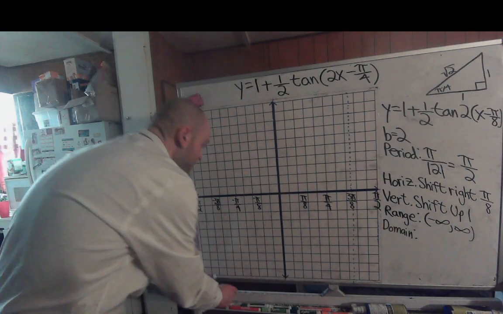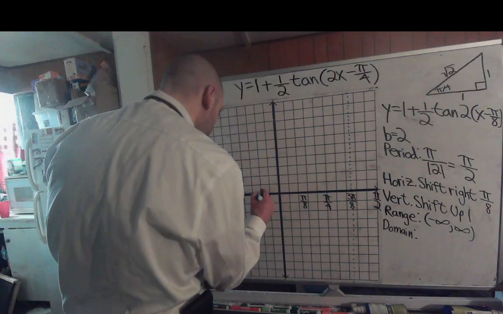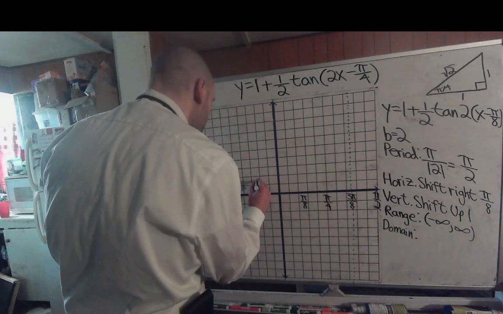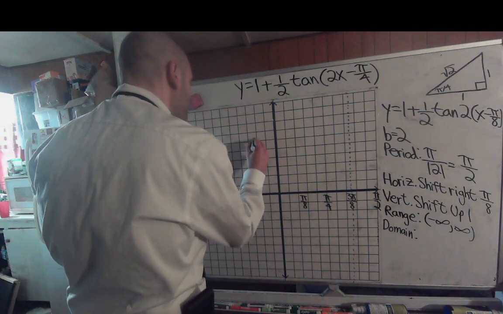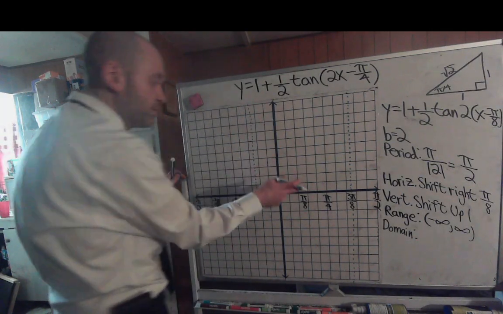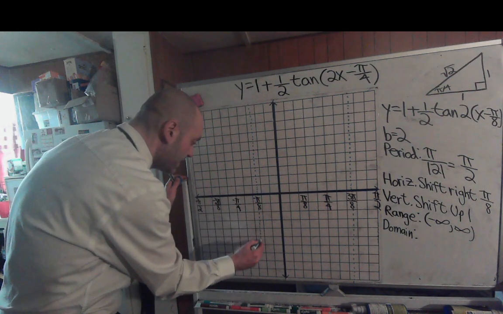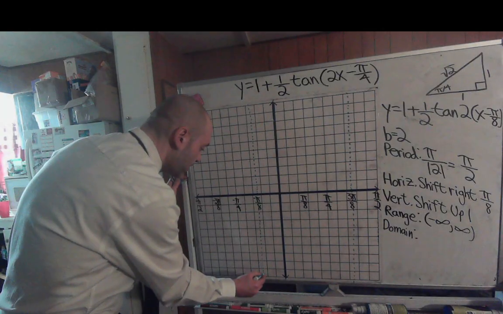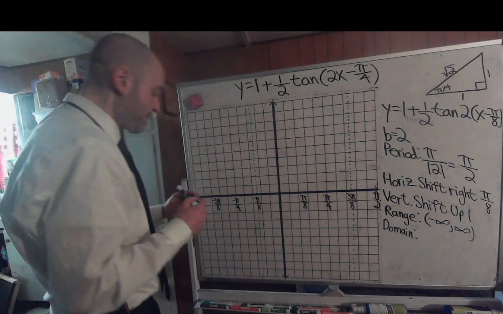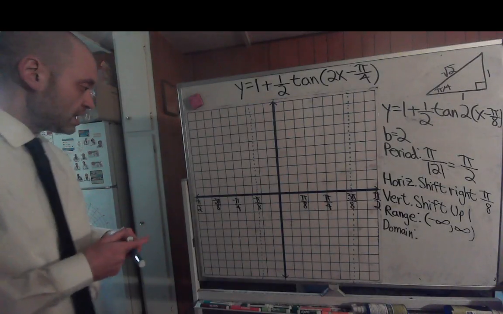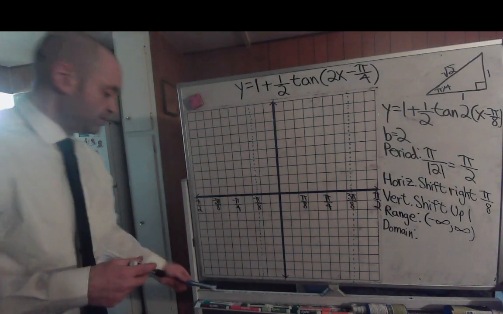So I'm actually going to have another vertical asymptote at x equals negative pi over 8. So already this graph is going to look pretty uneven, right, with our asymptotes. And again, everything shifted right, pi over 8 units. And that's really all the asymptotes we got.